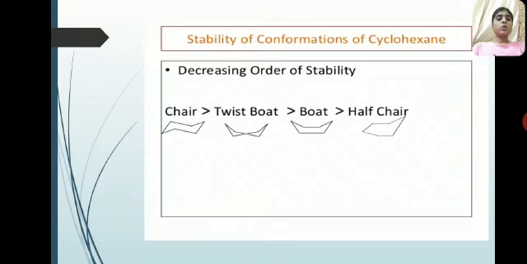Atropisomerism means restriction of rotation. The chair is not easily converted at room temperature to the boat.